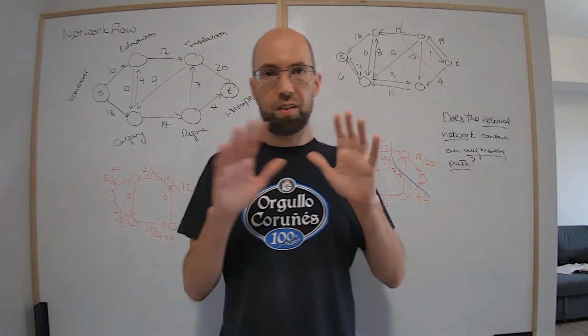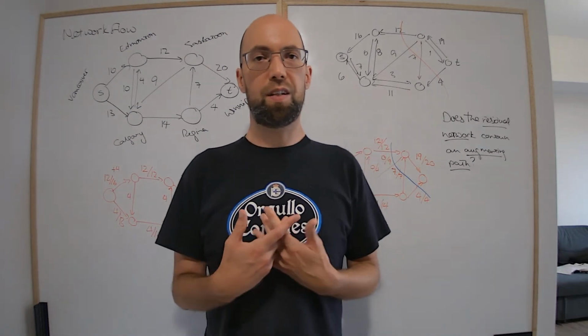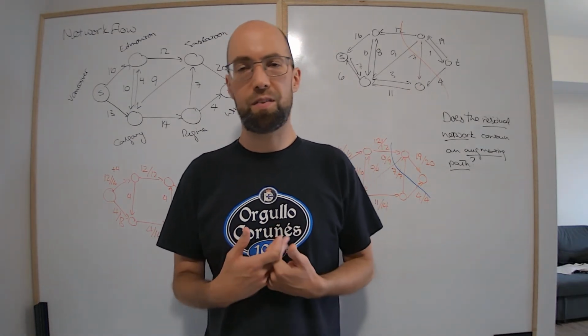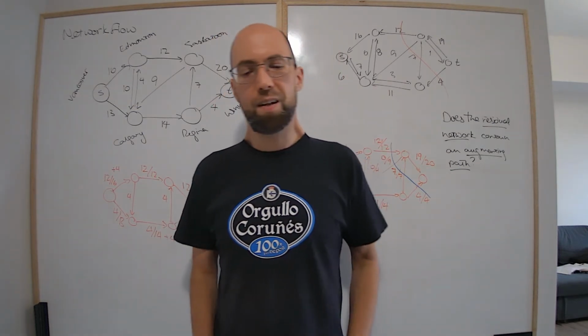So, okay, this is how you find a maximum flow. In particular, this is how you're supposed to answer the question on the assignment if you can't just figure it out by eyeballing it.